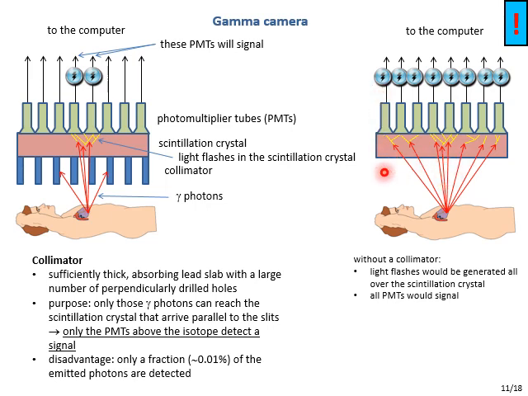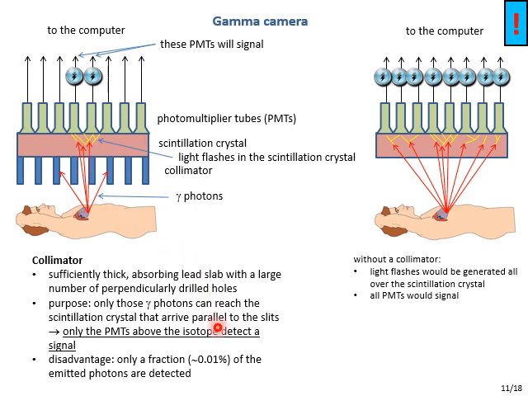So in the end, without the collimator, we wouldn't be able to locate the signal. This shows that the collimator is actually an essential part of the device. But a large disadvantage of the collimator is that most of the gamma photons are actually absorbed because they are parallel to a hole only very rarely.